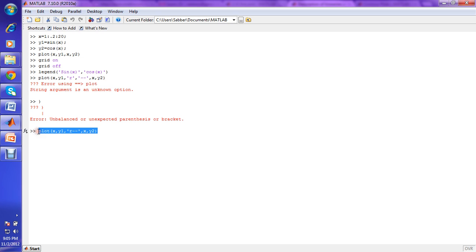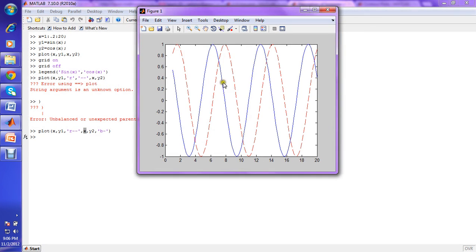Oh, okay, so this line, I think we have to define b dash. Yeah, so we also have to define all the other things as well. Yeah, I might be wrong, I'm not sure about that. So we have represented this with red, and this is the blue solid line, and the red dash dash line.